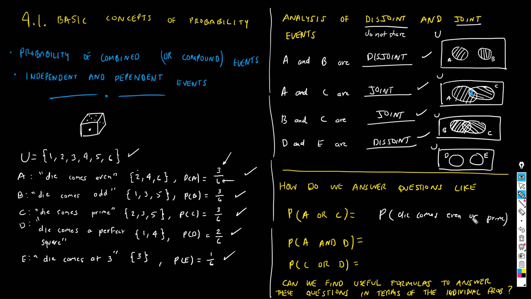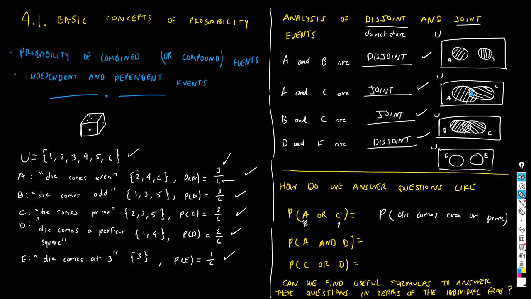This is an event in itself, and this event is compounded of the individual events A and C, and they are combined by the word or. So the probability that the die comes even, which is A, or that the die comes prime, which is the event C. How can I answer this question?